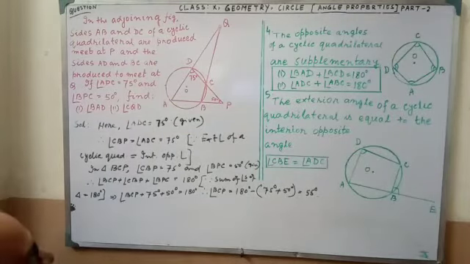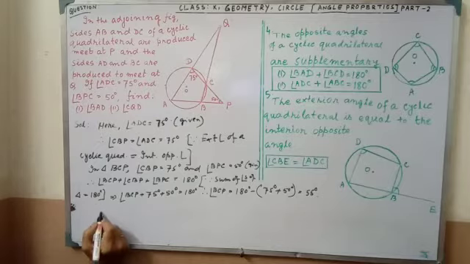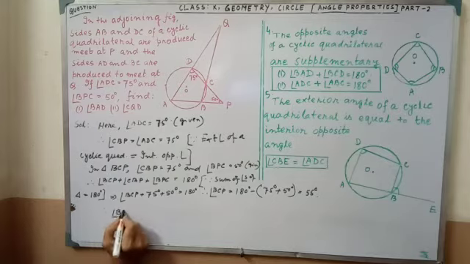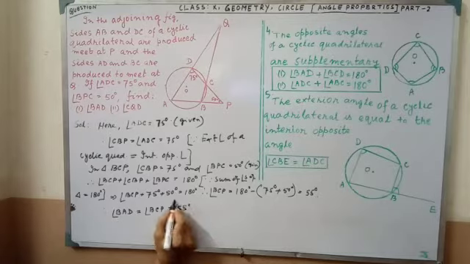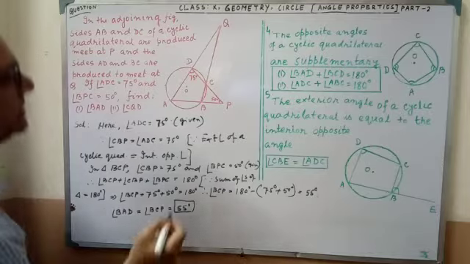Therefore angle BAD, the required angle, equals BCP equals 55 degrees. This is the required answer, but you have to write the reason.